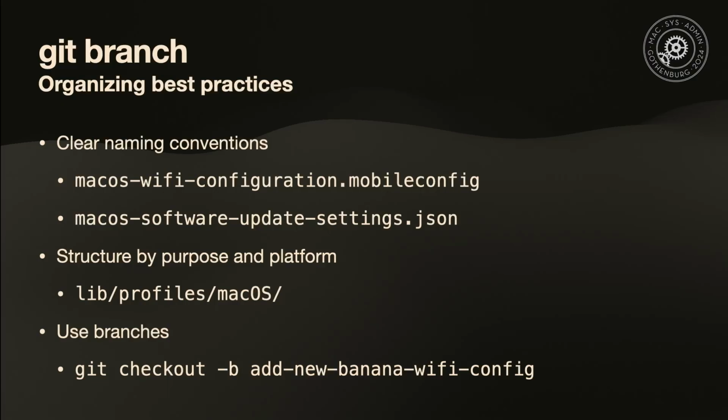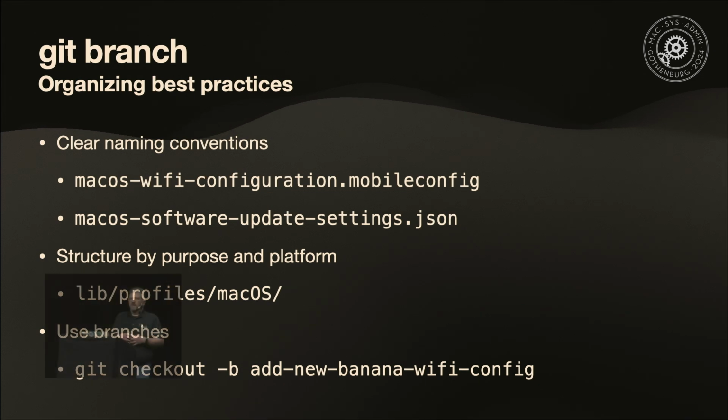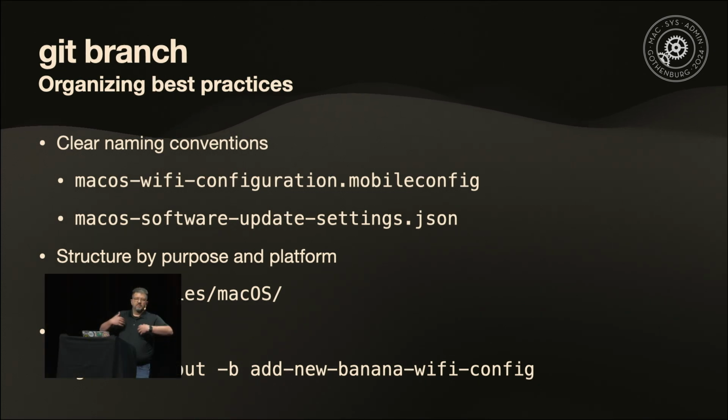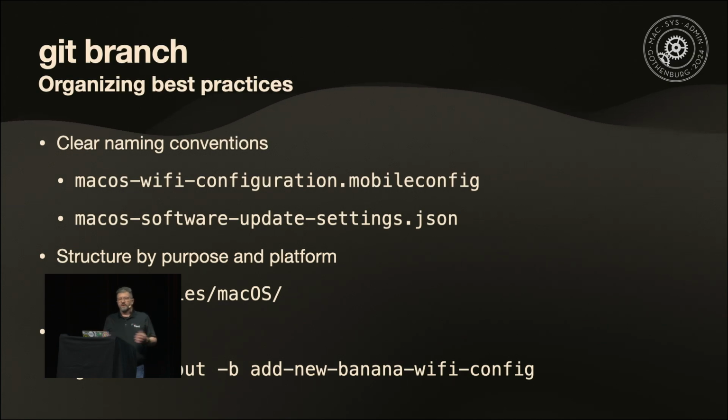So when I set up my GitOps configurations, I like to use some organizational best practices. These best practices are mine and mine alone, but they can be yours as well if you want to adopt them. You may have better ones. I'm open to suggestions here.